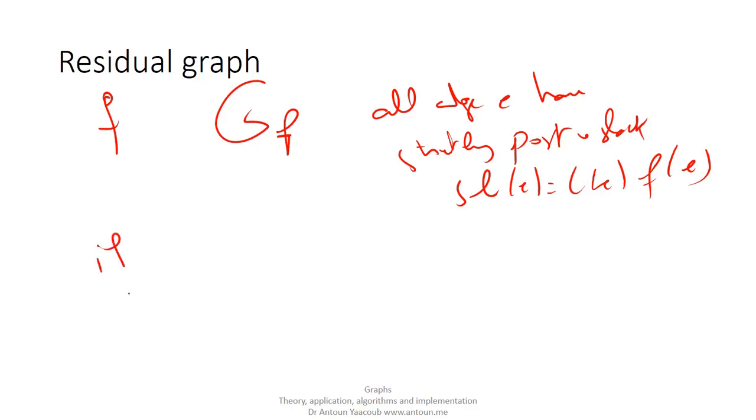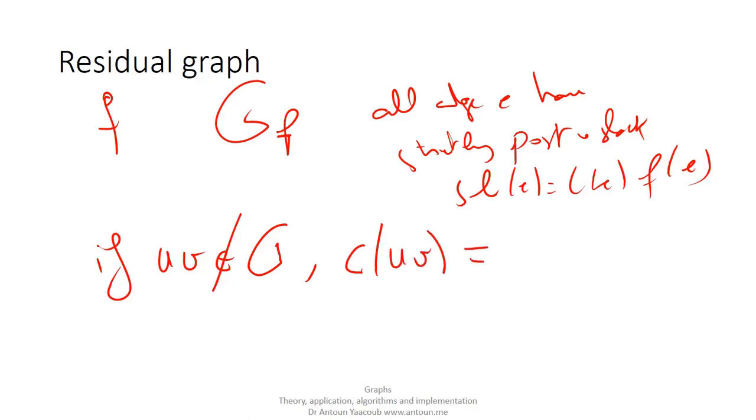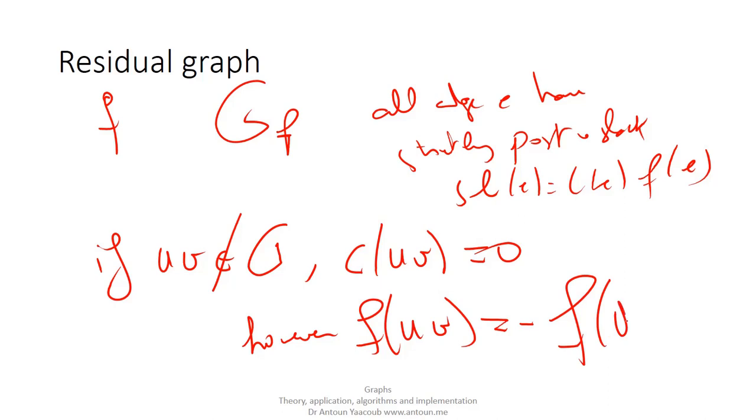If I have an edge UV that is not in the graph, the capacity of UV will be equal to 0. However, I can send a flow, because we have seen in semi-paths that I can pass a flow in the opposite direction. So the flow FUV is equal to minus the flow FVU.